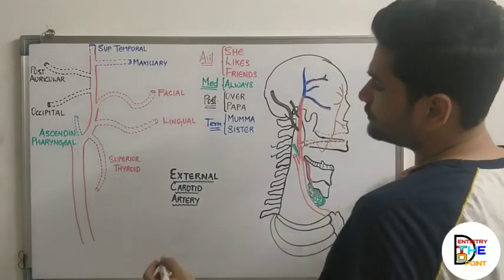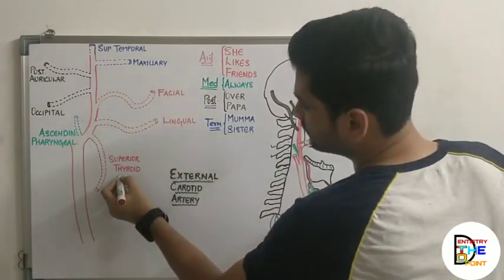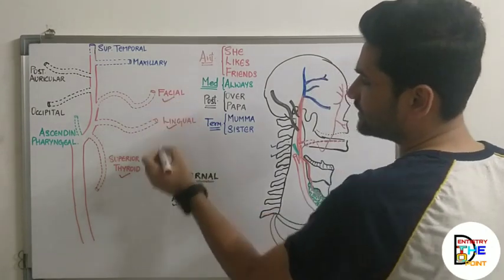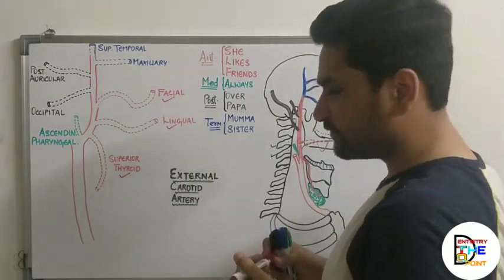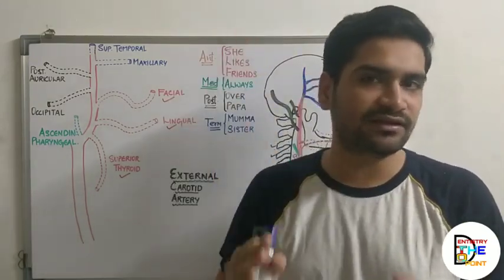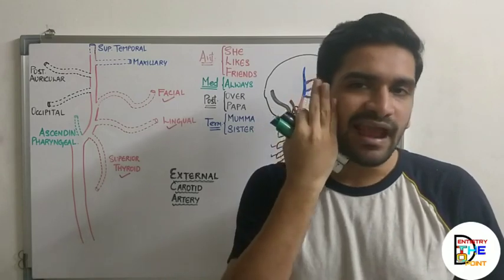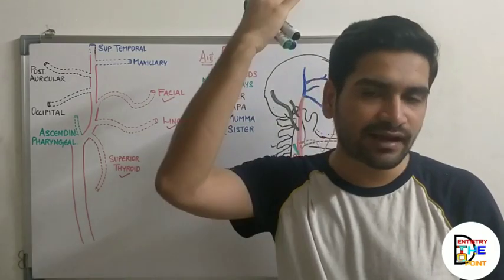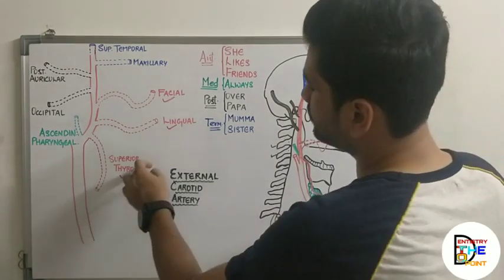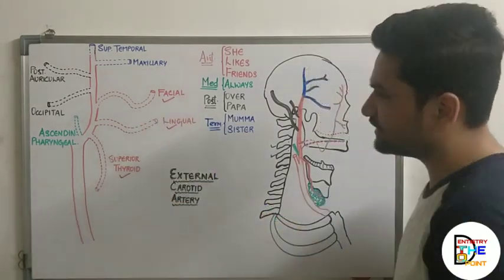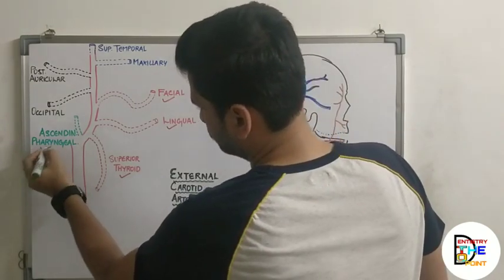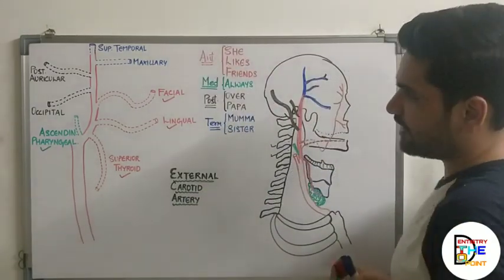The anterior branches of the external carotid artery are the superior thyroid artery, lingual artery and facial artery, right? Then from anterior we'll go to medial, then posterior and then terminal. So just remember this order: anterior, medial, posterior and terminal. Firstly anterior we have done: superior thyroid, lingual and facial. Next is your medial branch, only one branch, that is the ascending pharyngeal artery.